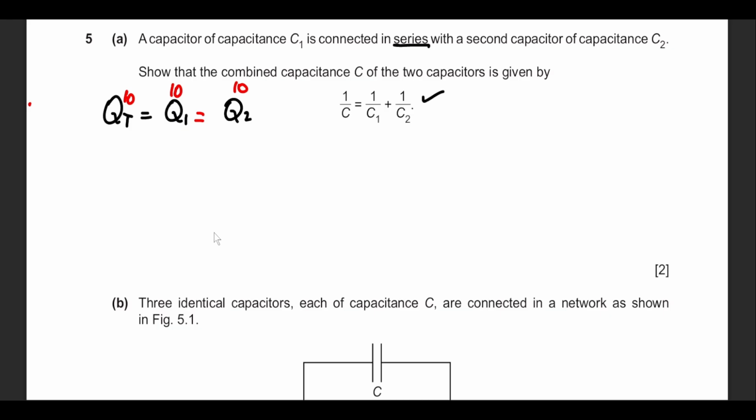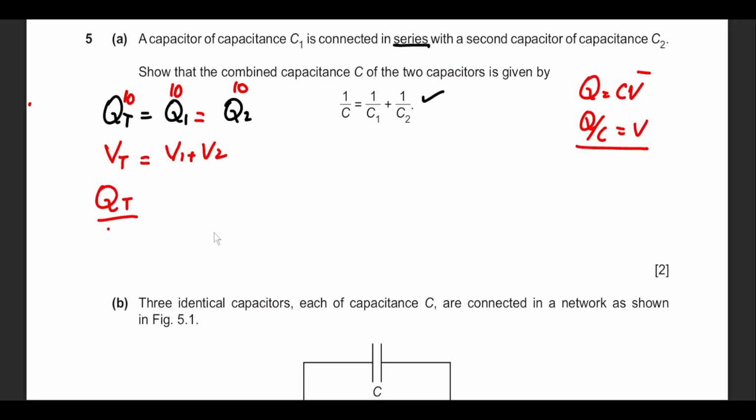That's why they're equal. And since it's a series combination, the voltage is divided, so the total voltage from the battery is equal to V1 plus V2. We have the equation Q equals CV, so replacing V, this becomes Q divided by C equals V. Let's replace this into the equation. Q total divided by total capacitance equals Q1 divided by C1 plus Q2 divided by C2.